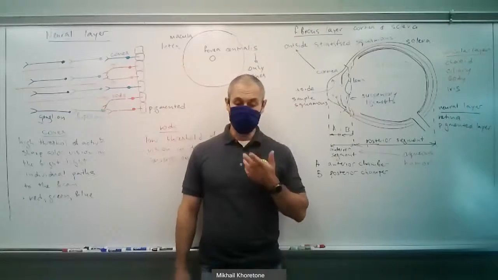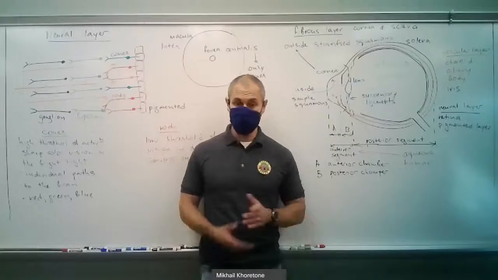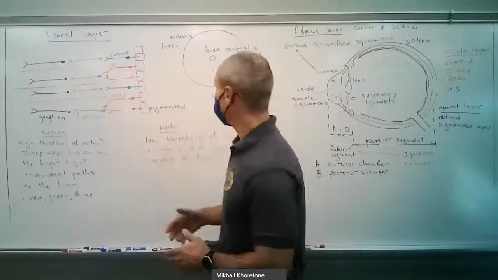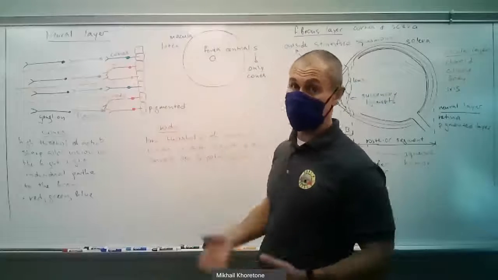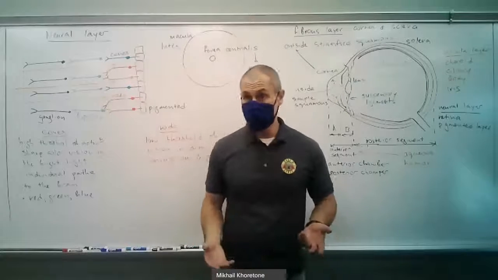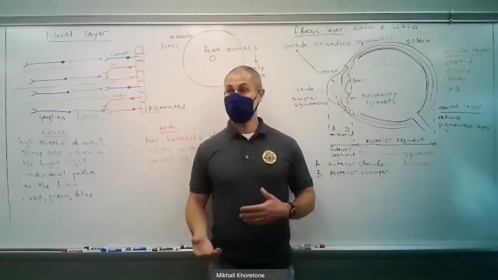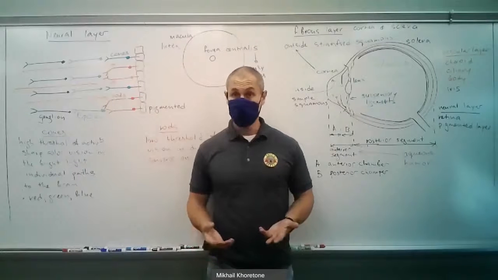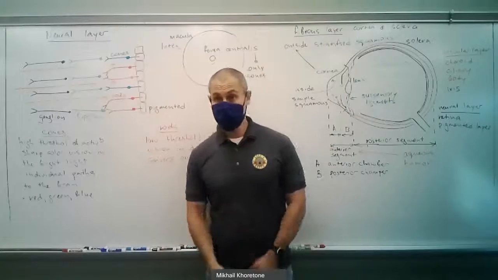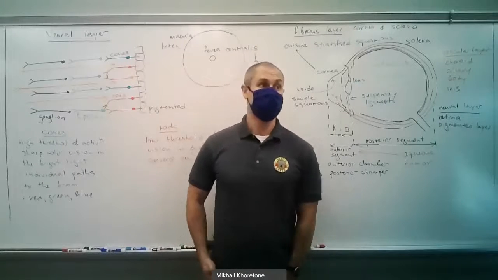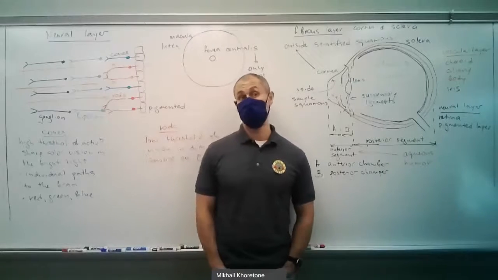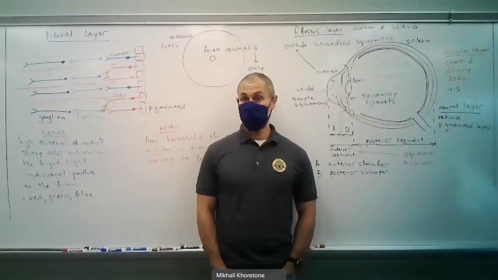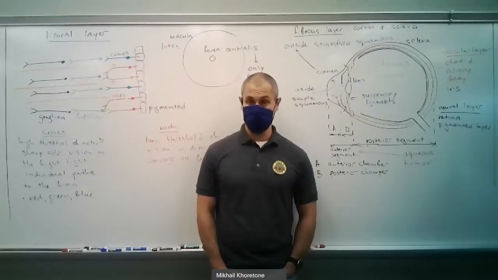Now, the last little bit, a really interesting condition. Macular degeneration: when this part of the retina starts to degenerate, you're basically losing vision. Macular degeneration can be genetic, okay? But for us, I think the more epidemiologically significant cause of macular degeneration is diabetes. It's a condition called diabetic retinopathy.